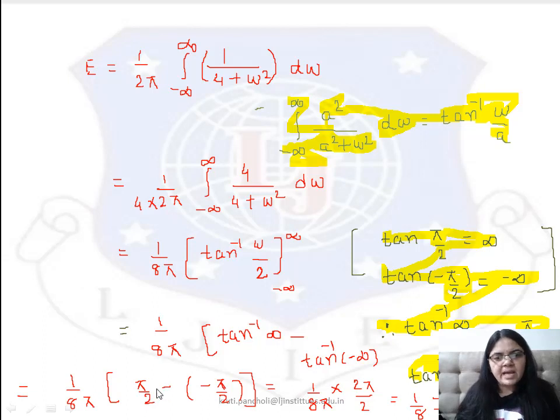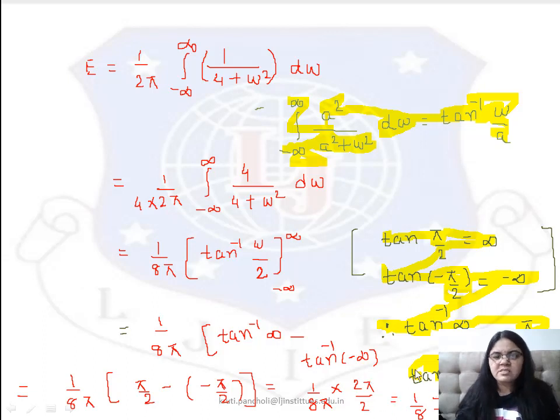It is pi plus pi, so it is 2 pi divided by 2. So the 2 is cancelled, pi is cancelled, and the answer is 1 by 8 joule. So we can say that we can verify Parseval's theorem using that.